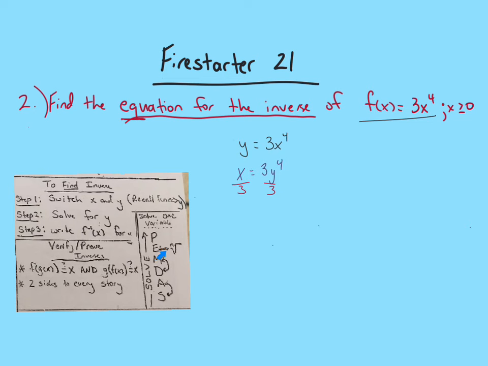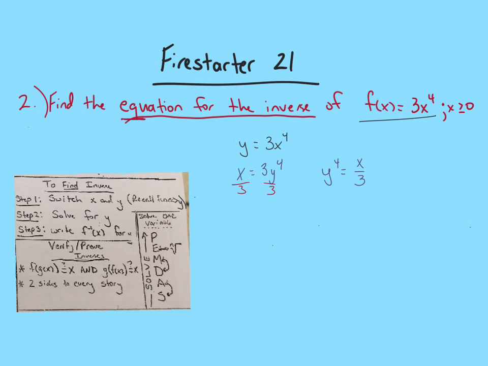So when I solve for y, I'm just using PEMDAS backwards. Even though there's more than one variable, I'm basically pretending x is not a variable. At the moment, I only care about the y variable. So I get y to the 4th equals x over 3.